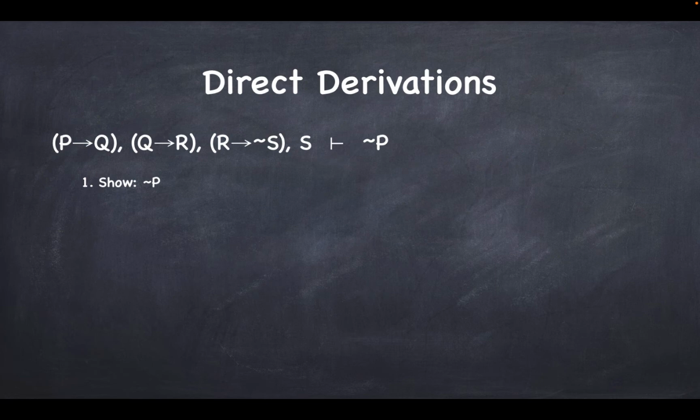And so the content of the show line that comes after the colon is always the conclusion. And it's a little weird at first, because now suddenly we have the conclusion as the first step. But keep in mind that the reason we're doing that is that we're trying to show that this conclusion follows from these premises.